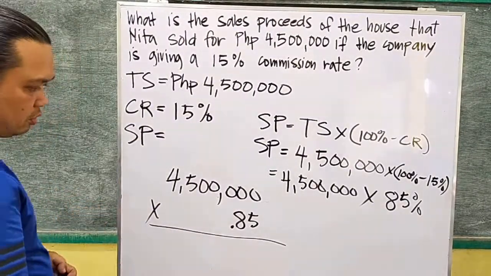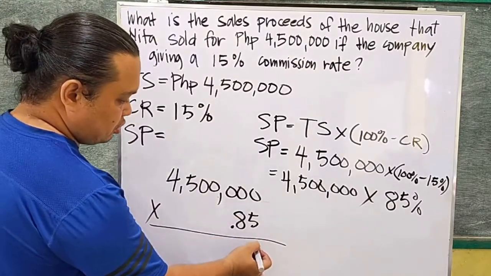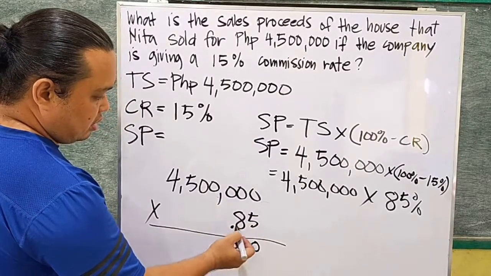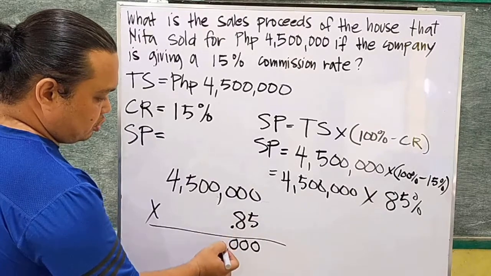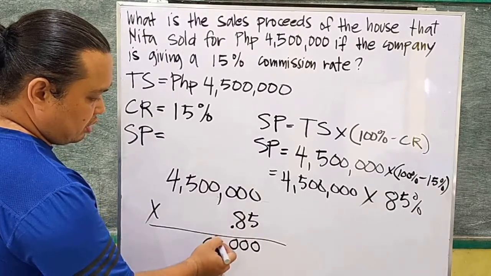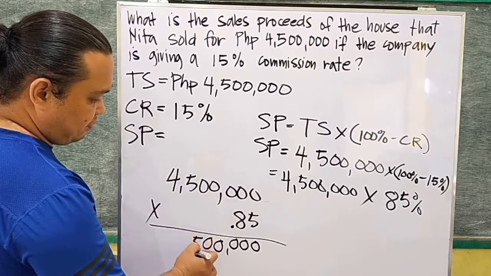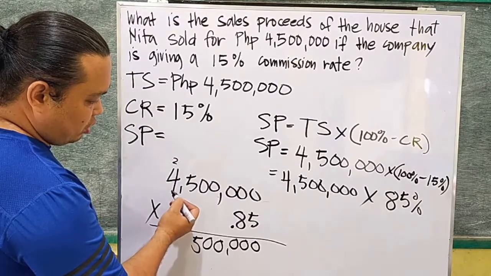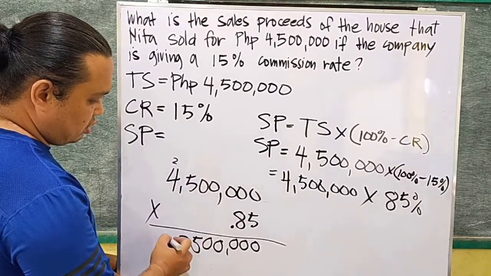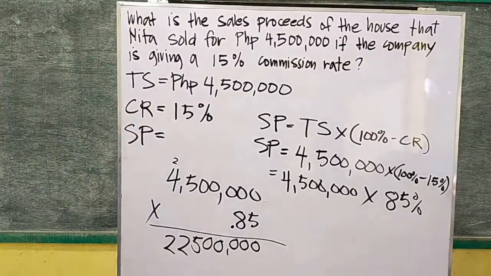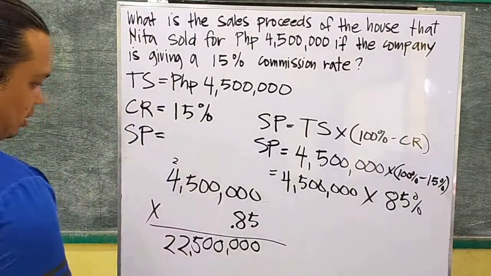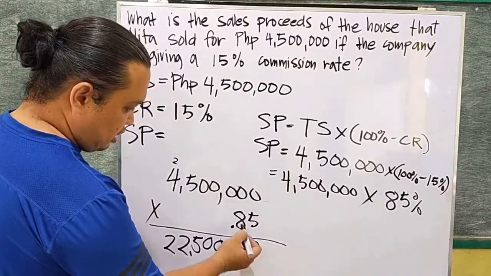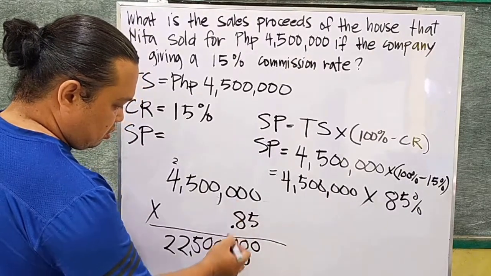Okay, let's do that. So let's start from 5. 5 times 0, 0, 5 times 0, 0, 5 times 0, 0. Okay, comma. Now 5 times 0 is 0, 5 times 0 is 0, 5 times 5 is 25, 5 carry 2 here. Now 5 times 4 is 20, 20 plus 2 is 22, so 2 and 2. Okay, that will be our first partial product. And let's do the 8. Now 8 times 0, 0 here, 8 times 0, 0, 8 times 0, 0.